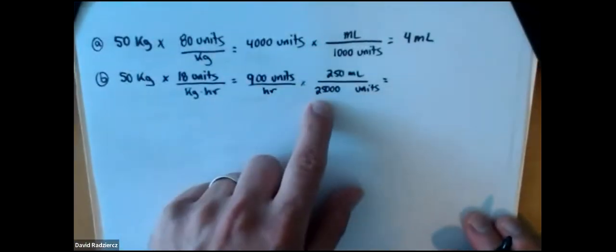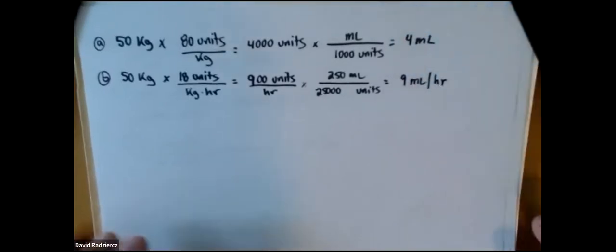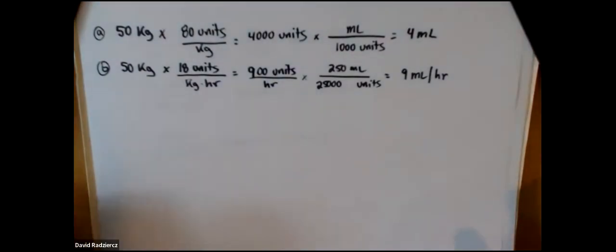Multiply 900 by 250 divided by 25,000, and you will get 9 milliliters per hour. Then we're done with that.